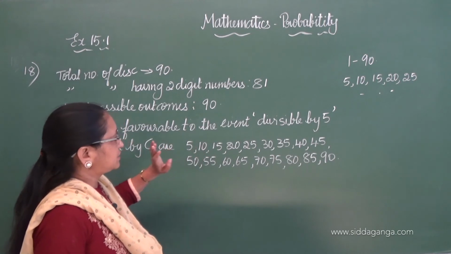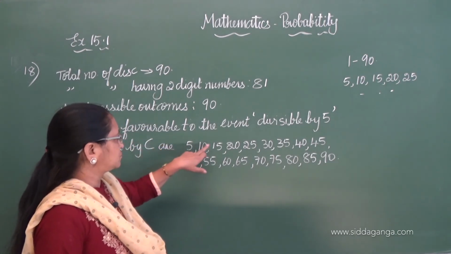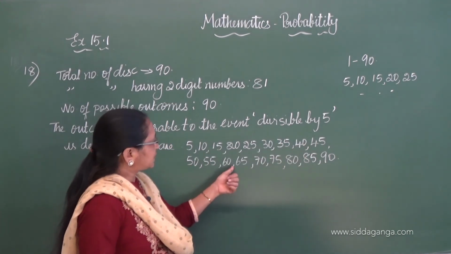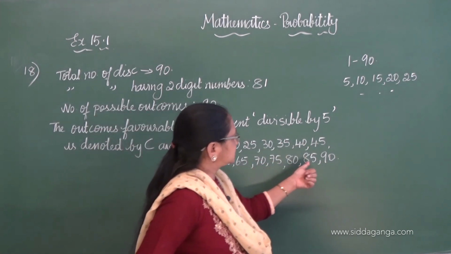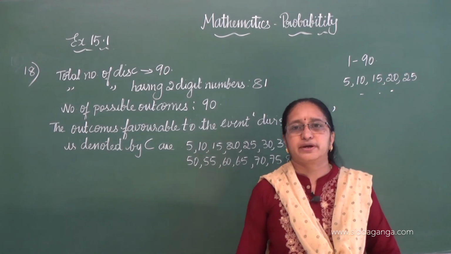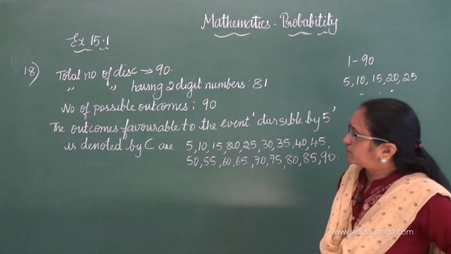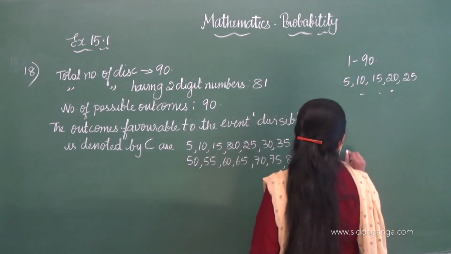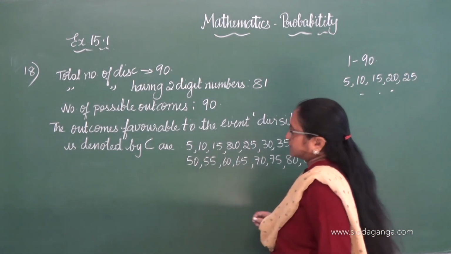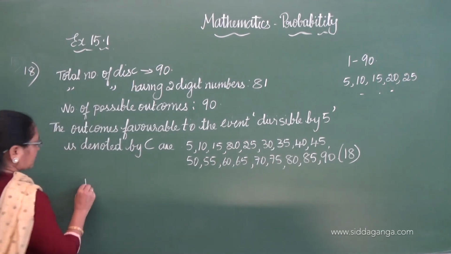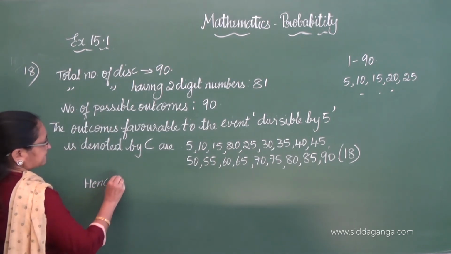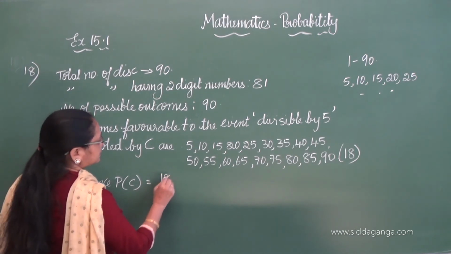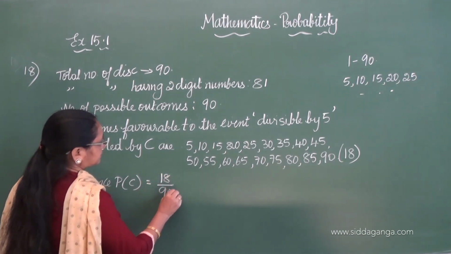So how many will be there? You have to check: 1, 2, 3, 4, 5, 6, 7, 8, 9, 10, 11, 12, 13, 14, 15, 16, 17, 18. So 18 favorable outcomes. How many? 18. Hence the probability is 18 by 90.